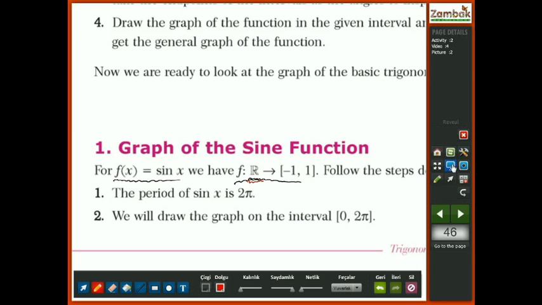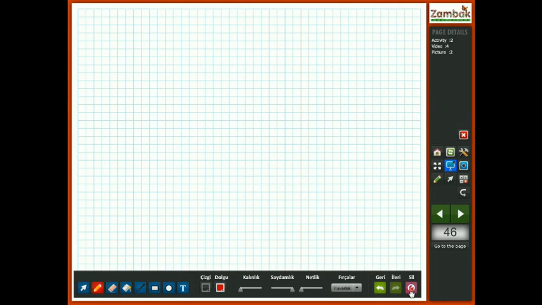Let's draw. Here we have f of x is equal to sine x. To draw the graph of this sine function, we're going to use the table method. This is x and this one is f of x.